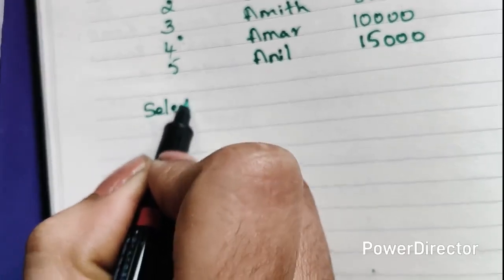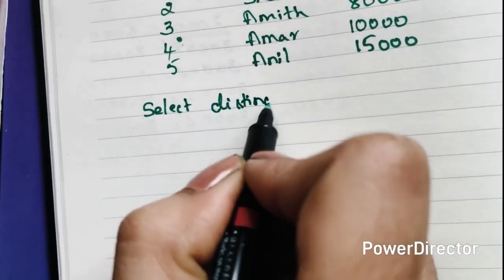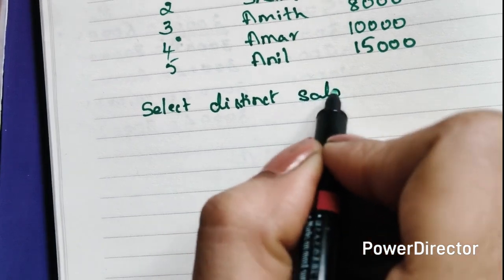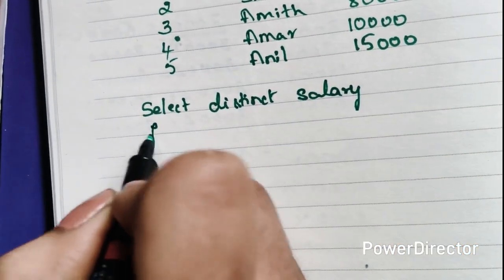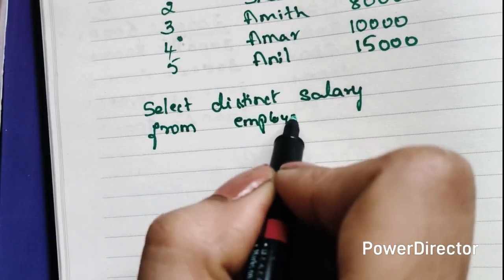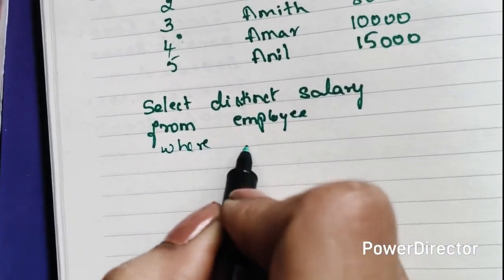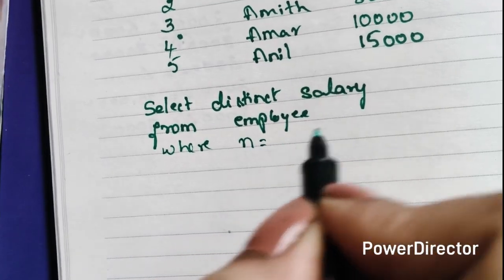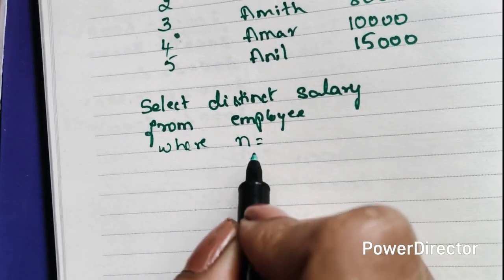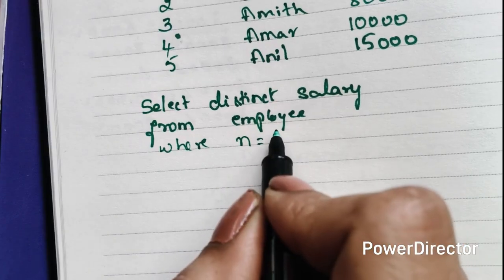Select distinct salary from the table employee, where n is equal to, so we are finding the nth maximum salary, that is why I have written the condition n is equal to.